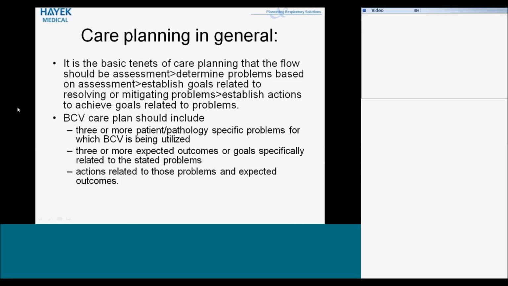And our BCV care plan, as I said, should have 3 or more patient pathology-specific problems for which we're using BCV. You should have 3 or more expected outcomes or goals specifically related to those problems, and we should have 3 actions or more related to the expected outcomes that are related to the problems that we identified.